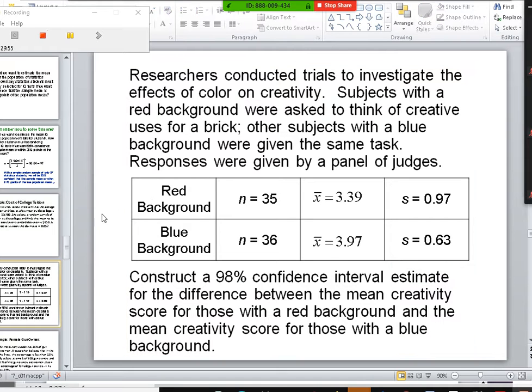Here's the deal. This is 2 samples. Do you guys see how there's 2 samples here? So it's 2 sample mean. Is it independent or dependent? That's the good question. So this is the other tough question, and this is the kind of question that'll lose a lot of people 7 or 8 points. Independent or dependent?